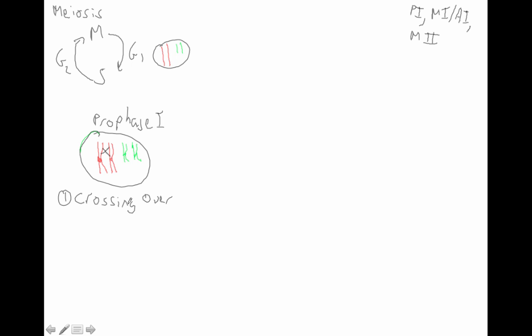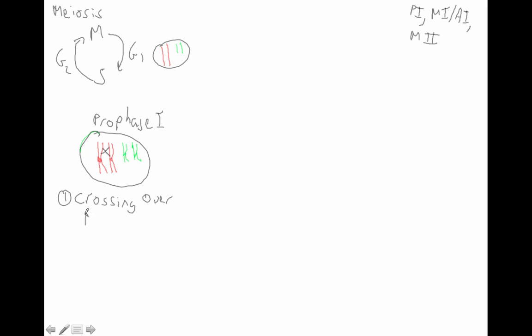And what happens here is we have an exchange of genetic material, of DNA, between the homologous chromosomes. And because we're swapping out the DNA, this can generate mutations, and it can change the presentation of these genes on each strand.